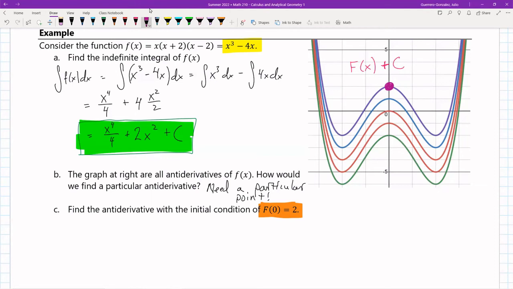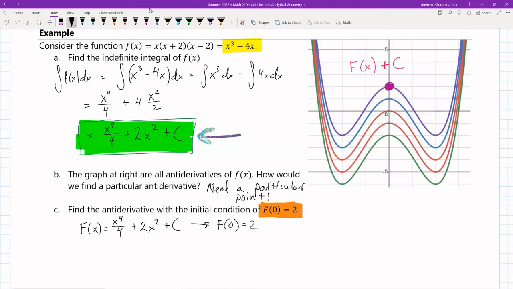Got it? We know what the general form of the antiderivative looks like. That's this one. Now we just need it to be going through a specific point. So I'm going to do this. My F of x, my general form, is x to the fourth over 4 plus 2x squared plus c, right? But we need F of 0 to be equal to 2.